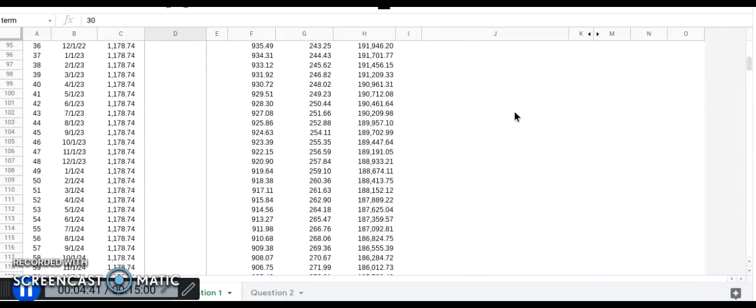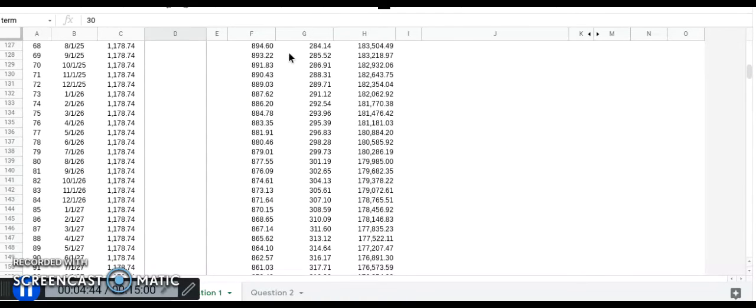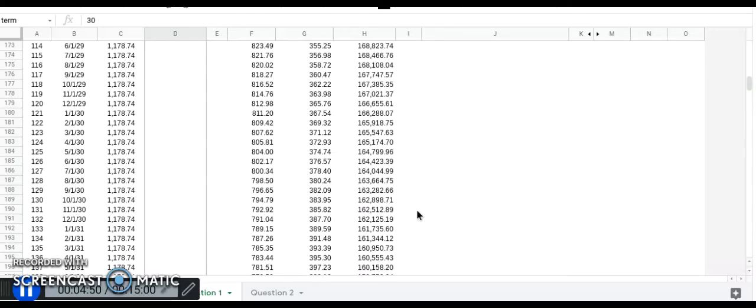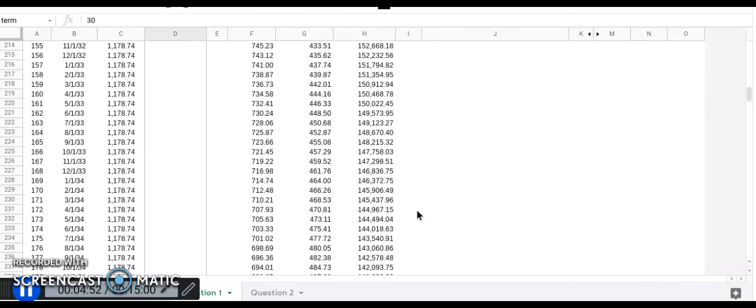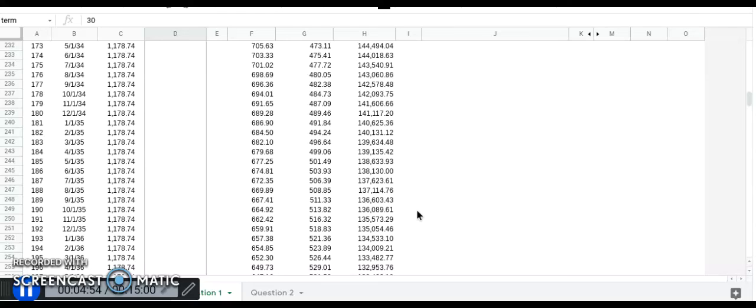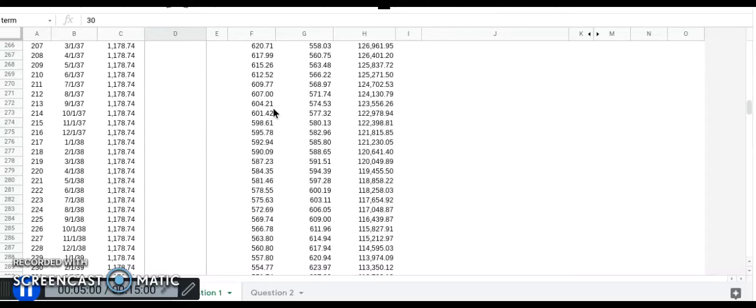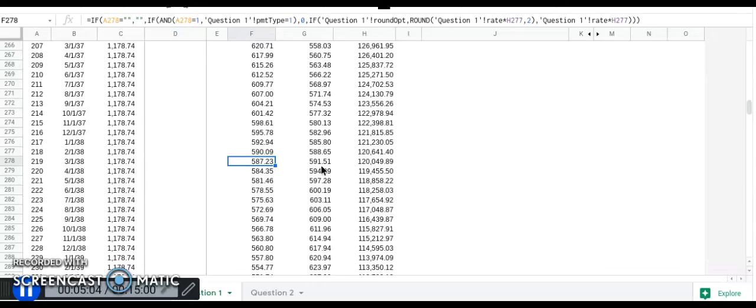So again, this is our interest and this is our principal. We want to see where we pay more principal. We're going to keep going. So it looks like they're starting to get closer, and it looks like this one right here is where we start to pay more principal, that $591.51, than interest, $587.23.